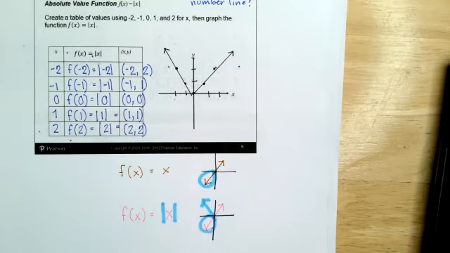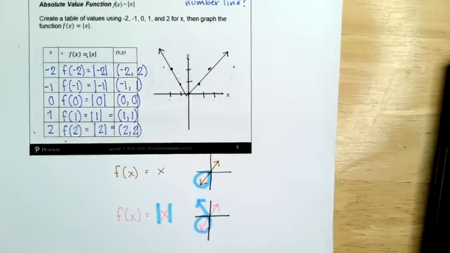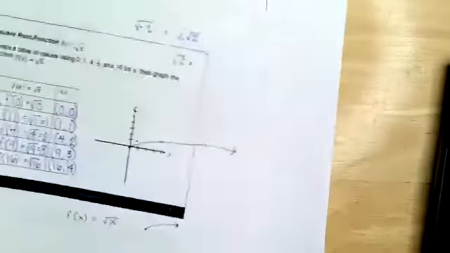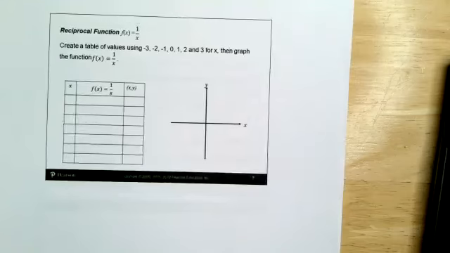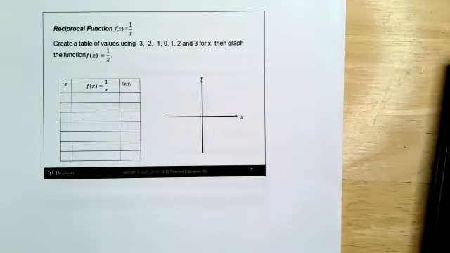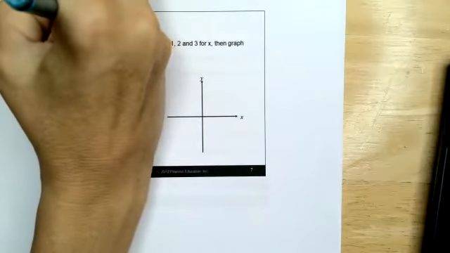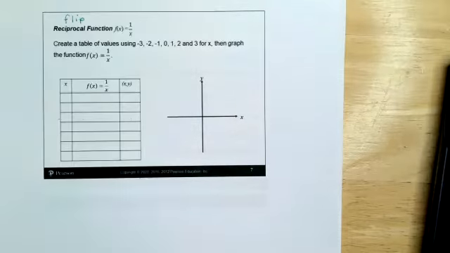So the square root function and the absolute value function do not go below the x-axis. Finally, we have the reciprocal function. Remember, reciprocal means flip. Good. The graph doesn't flip. The graph looks very different.